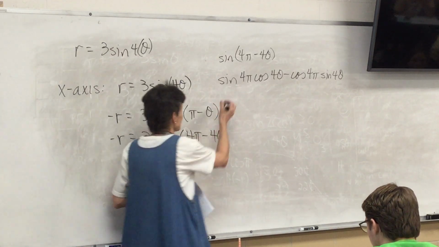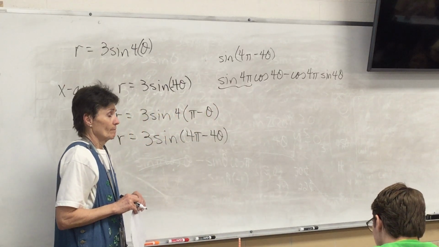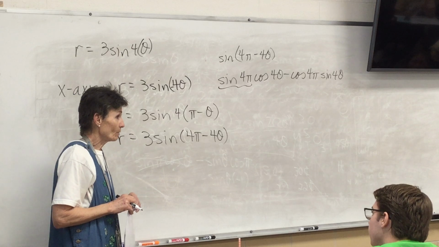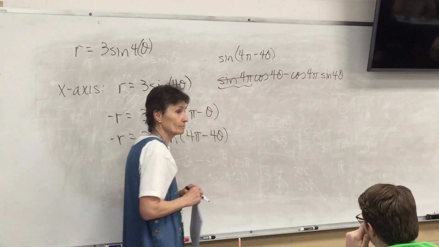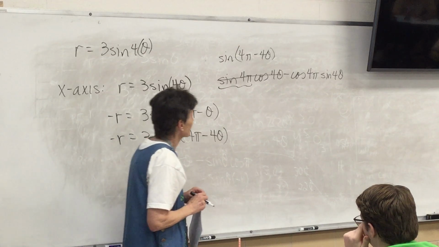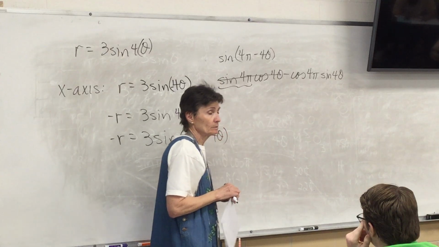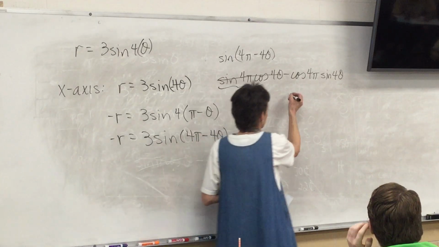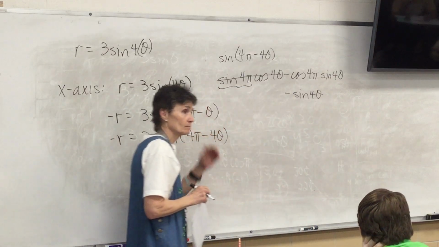So basically we're saying, what's the sine of 0? The sine of 0 is 0. So that's like gone. What's the cosine of 0? 1. So this is like negative sine 4 theta. Would you agree with that?